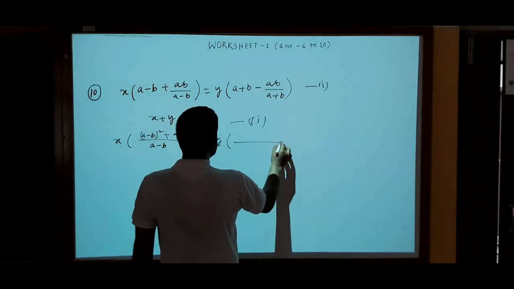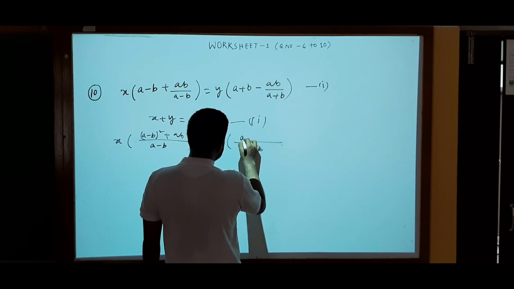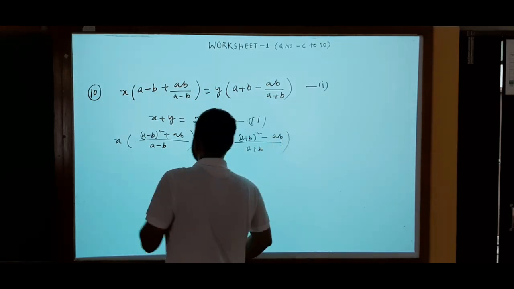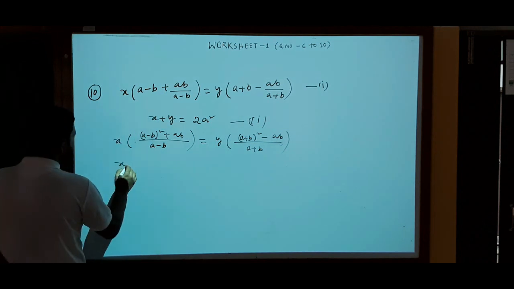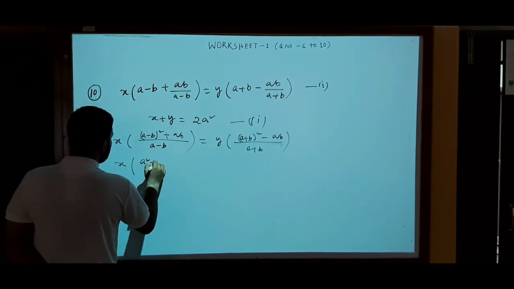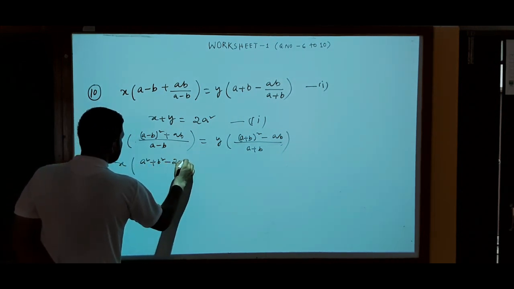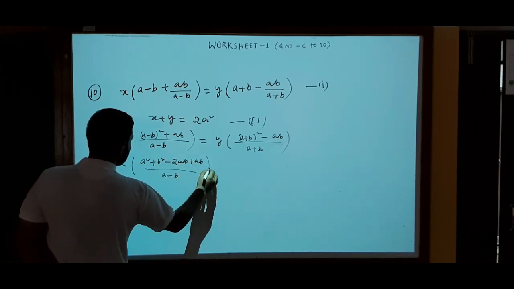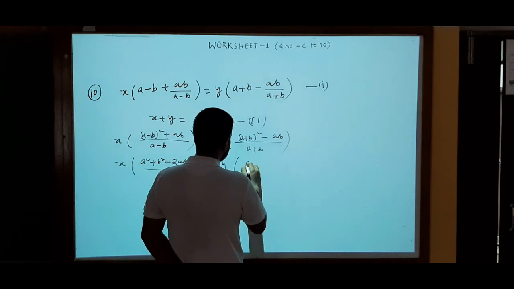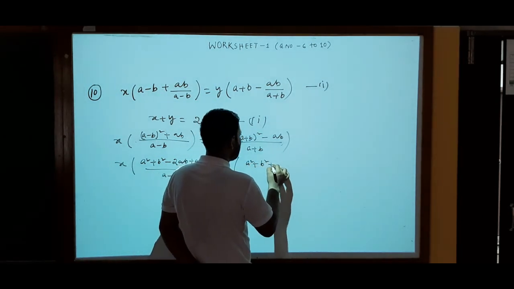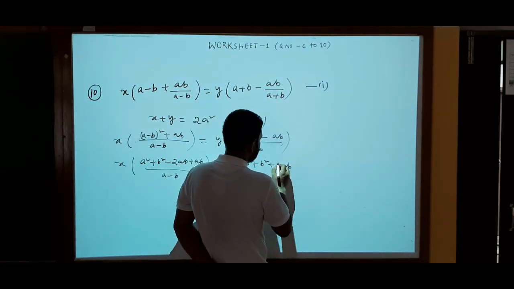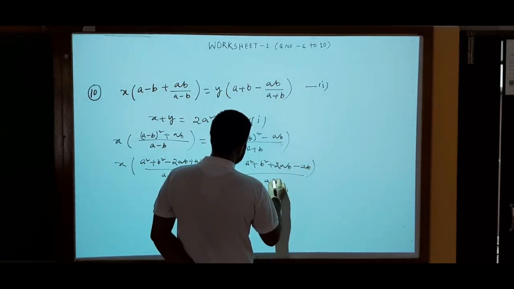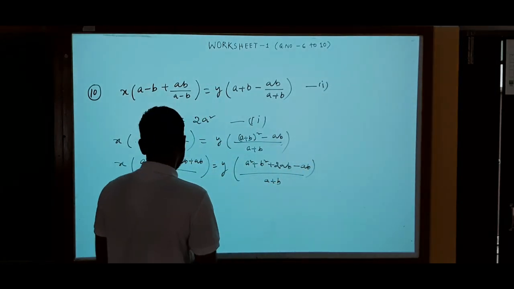Similarly, y, it is a plus b, so I will write a plus b whole square minus ab, right? So x a minus b whole square is a square plus b square minus 2ab plus ab upon a minus b. Y a plus b whole square is a square plus b square plus 2ab, okay, minus ab upon a plus b.